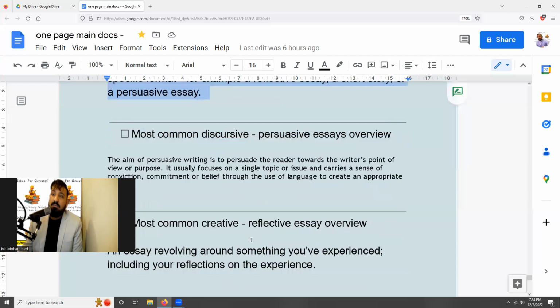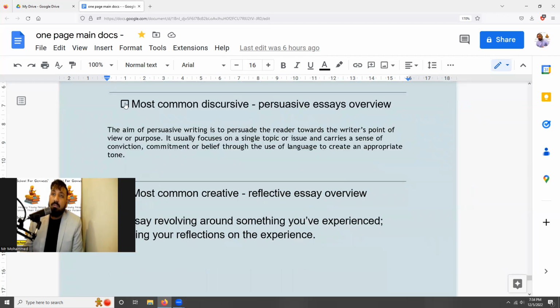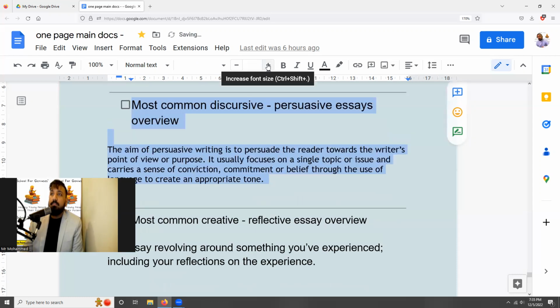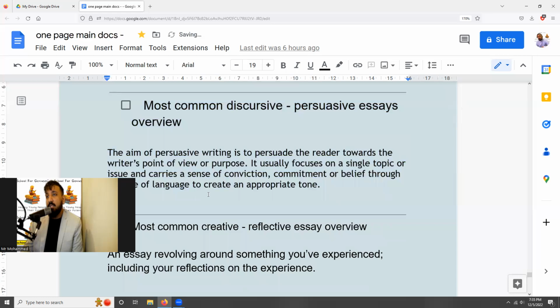And now, in terms of the two most common, the ones that you're likely to actually do, the first type is what's known as a persuasive essay, and this would fall under the discursive category.